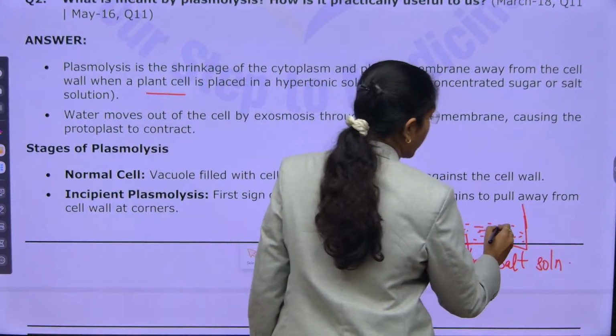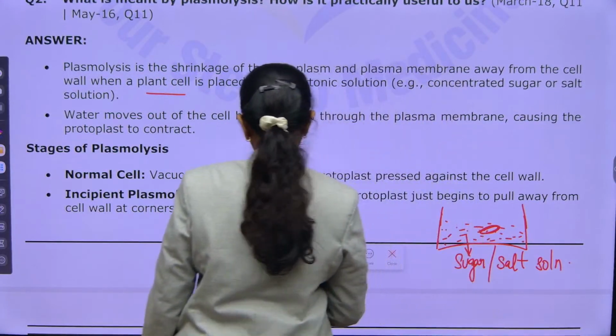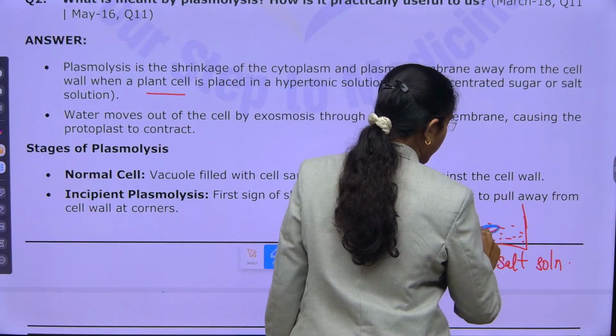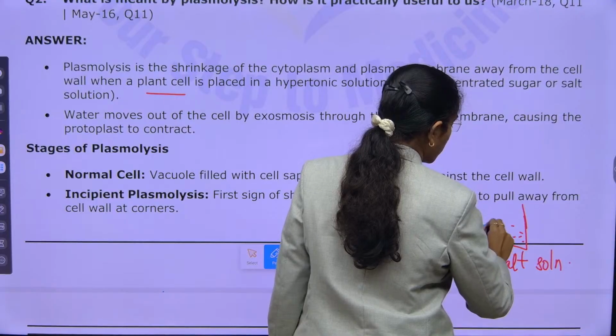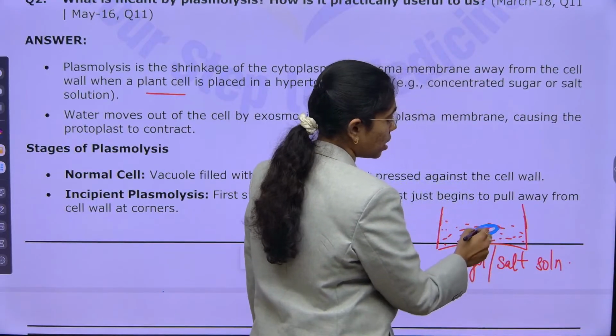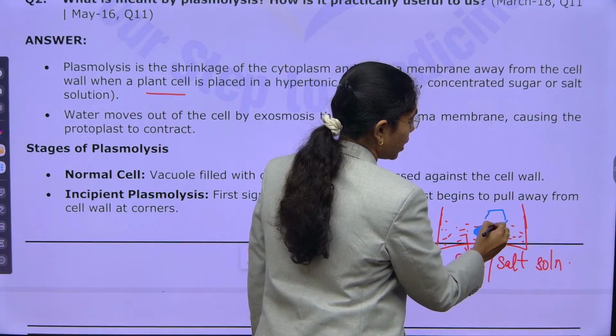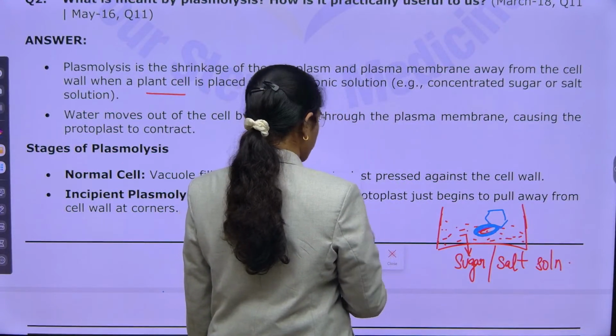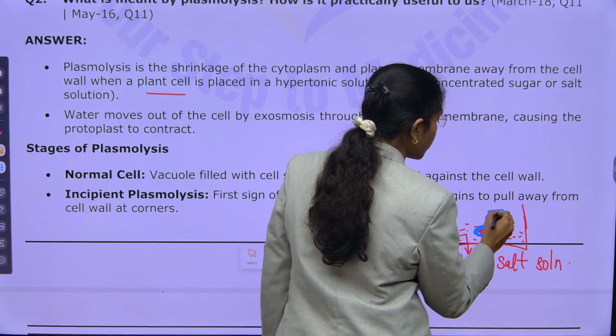If you keep a raisin into it, okay, when you keep a raisin into this mixture, fine, right. This is of course plant cells, wherein cell wall will be there, right. So, cell membrane and cytoplasm will shrink away from the cell wall.